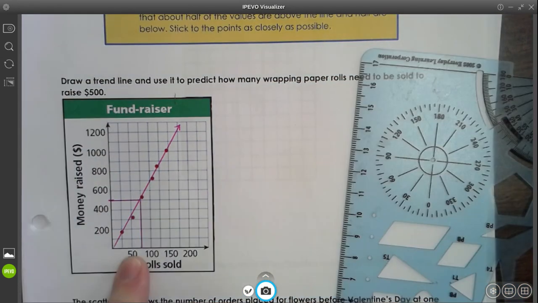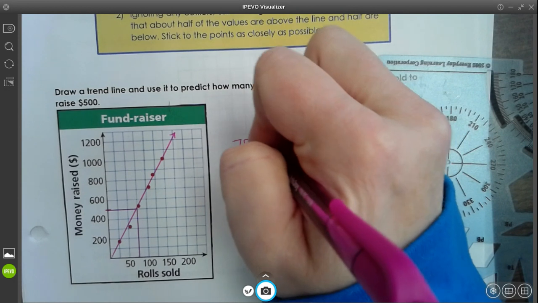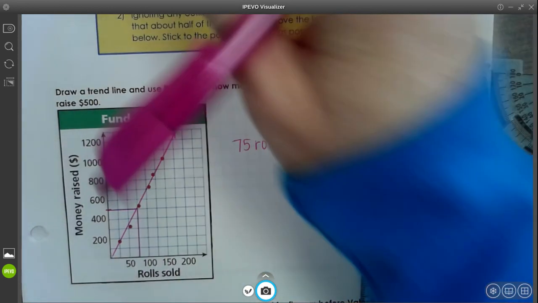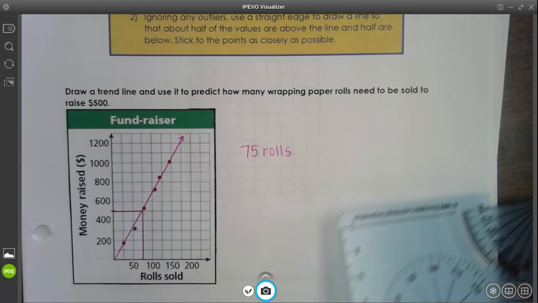Okay, and you can see that I'm pretty closely between 50 and 100 rolls. So we're going to say that's about 75 rolls. So to raise $500, I would need to sell about 75 rolls of wrapping paper.